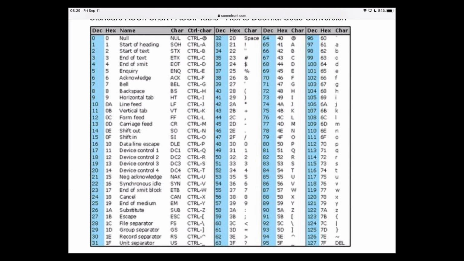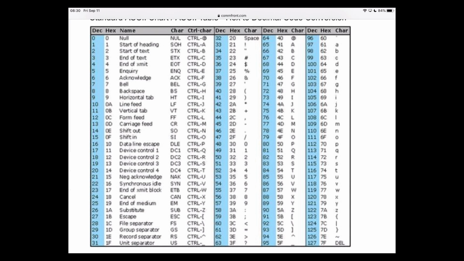So a problem with ASCII is that it's very American and English centric, in the sense that we can encode everything we could possibly want in English with a 7-bit ASCII standard. But there's a lot more that we would like to encode than just English.